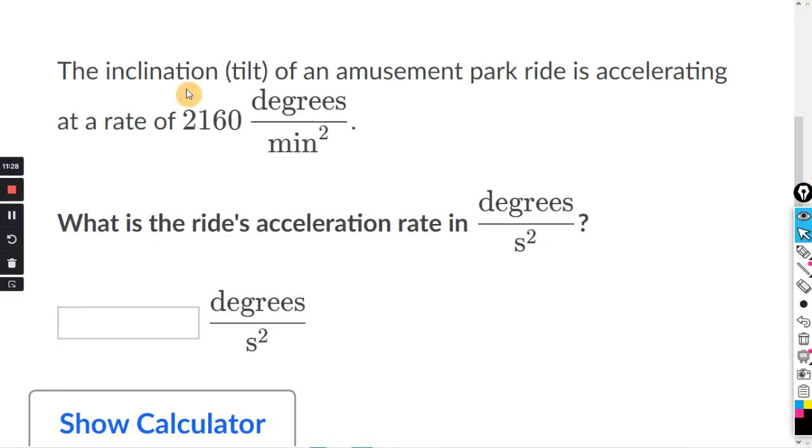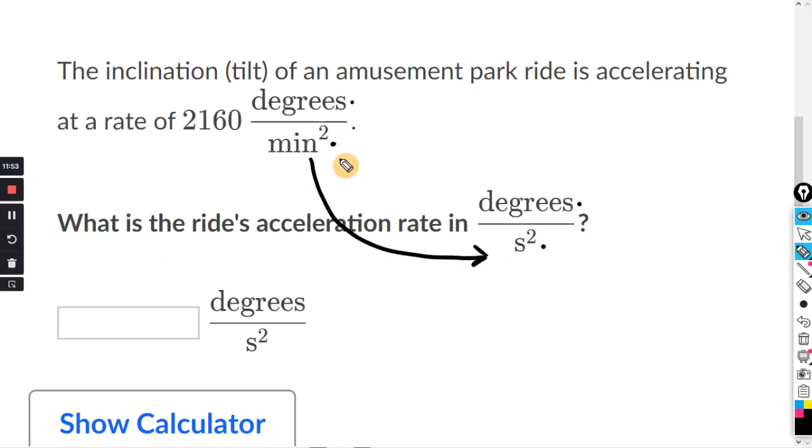All right, the inclination of an amusement park ride is accelerating at a rate of 2,160 degrees per minute squared. What is the ride's acceleration rate in degrees per second squared? All right, so the numerators already match, degrees and degrees, but we have minutes squared and seconds squared. So we need to convert the minutes squared into seconds squared.